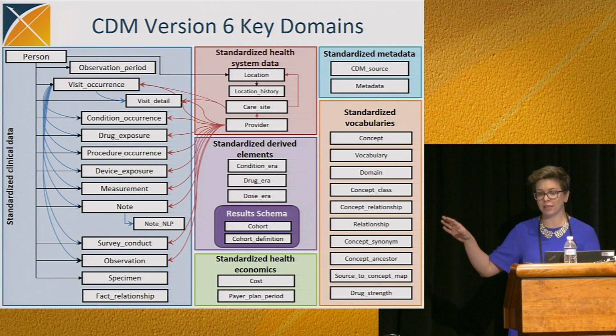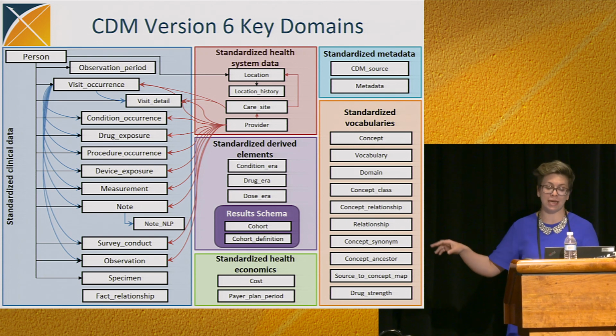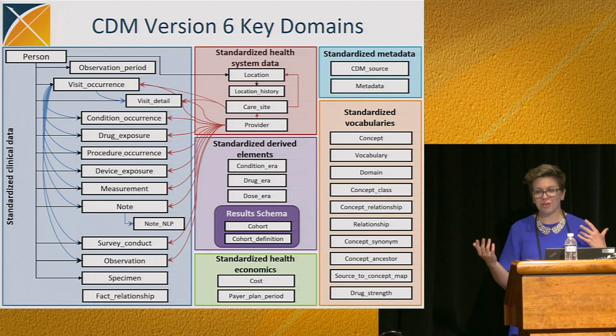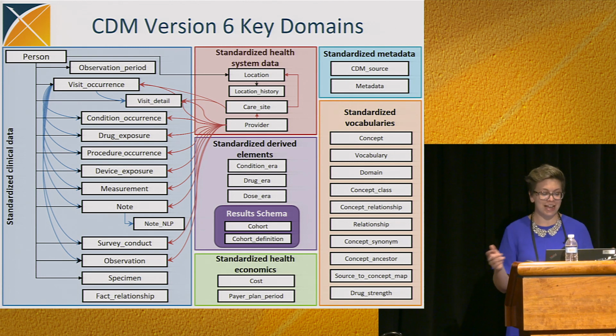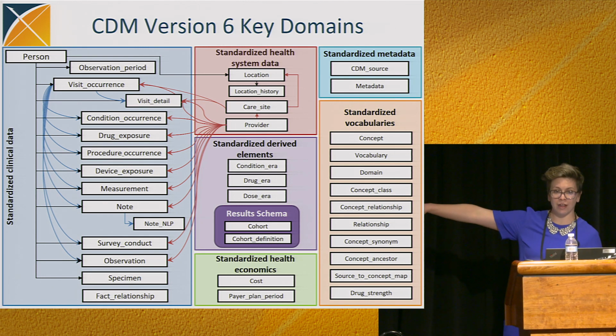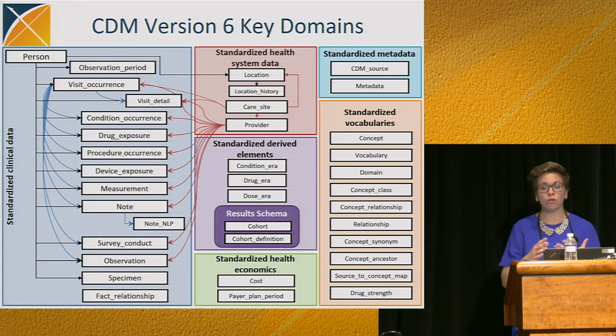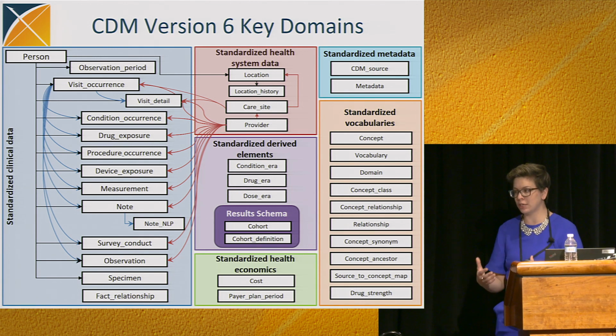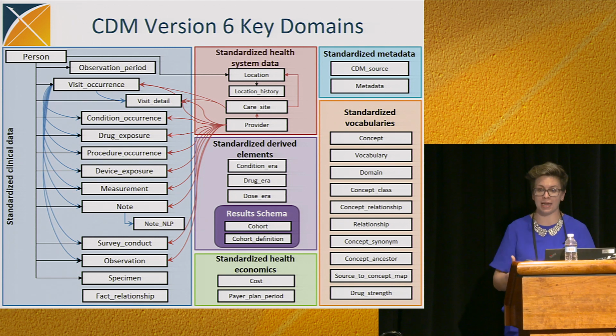But what's important before we dig into the tables is to know that there are key areas or key domains that you should be thinking about and grouping the tables in. So probably the domain that you think most about when you signed up for this class is clinical data. So in the blue on the far side, these are all the tables that store information that happens to patients.